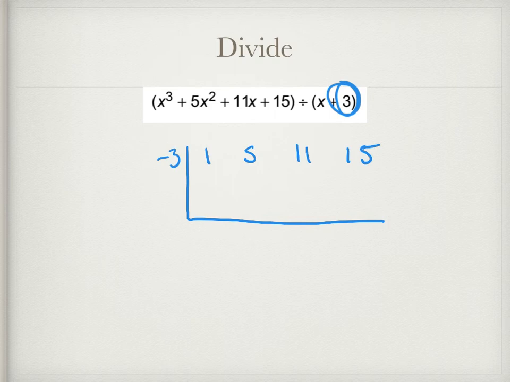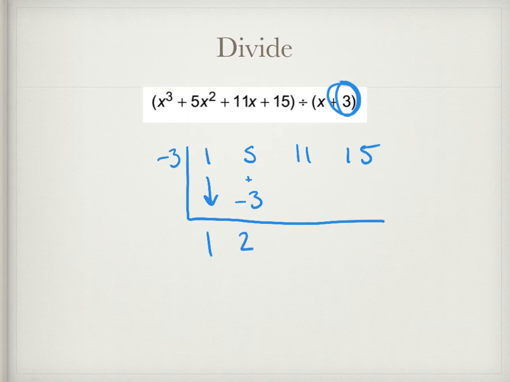What do we do first? Drop down the 1. And then? Multiply that by -3. What's 1 times -3? -3. What do we do on the inside? We add them. So 5 minus 3 gives us 2.